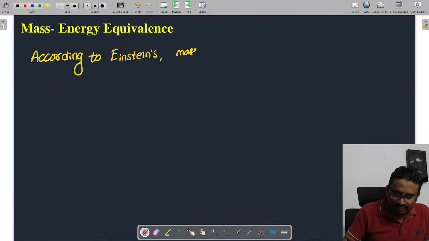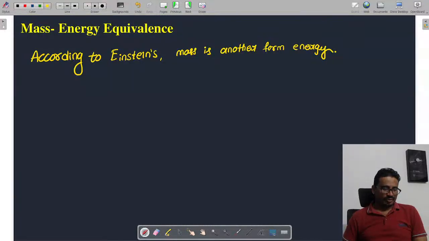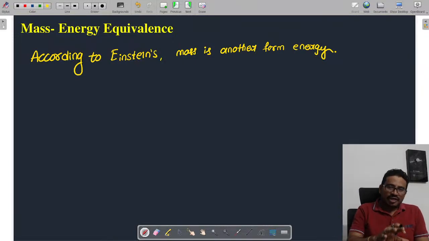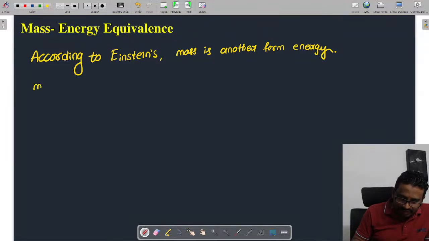Mass is another form of energy. Mass is nothing but energy only. According to Einstein, we can transform mass into energy as well as energy into mass.